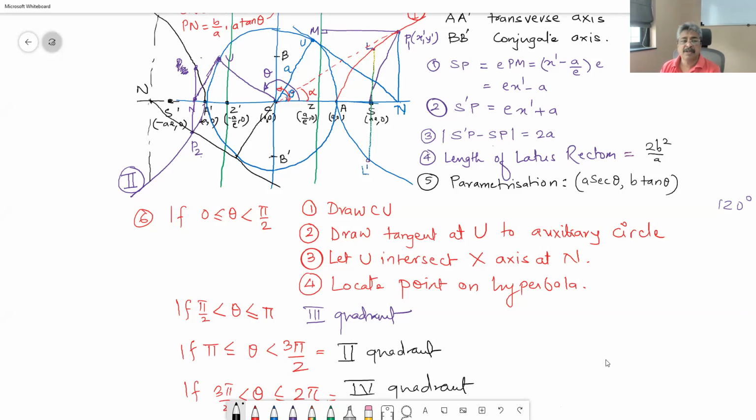So quadrant 1, quadrant 3, quadrant 2, quadrant 4. That is how this point will move. And at pi by 2 and 3 pi by 2, the value will go to infinity.